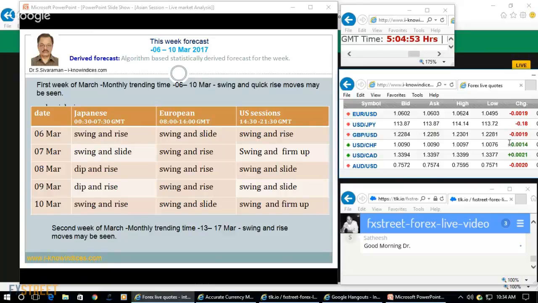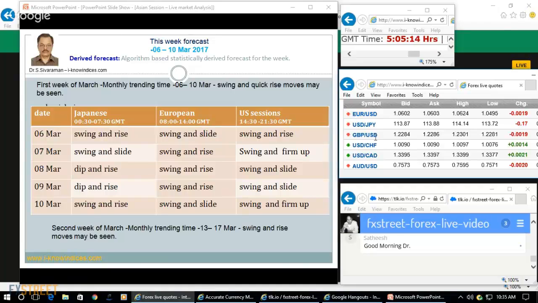They might be holding the majors and making the moves in the crosses by making specific moves in any one of the currencies responsible for the movement in the cross. So invariably, the currency you have committed to, they might hold, and move the other currency.